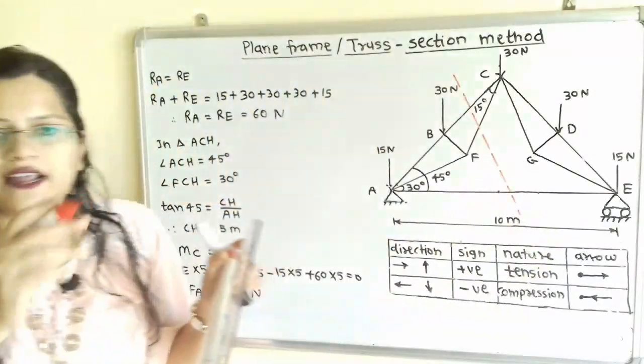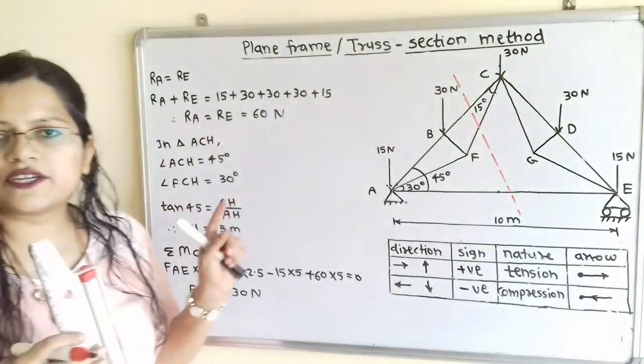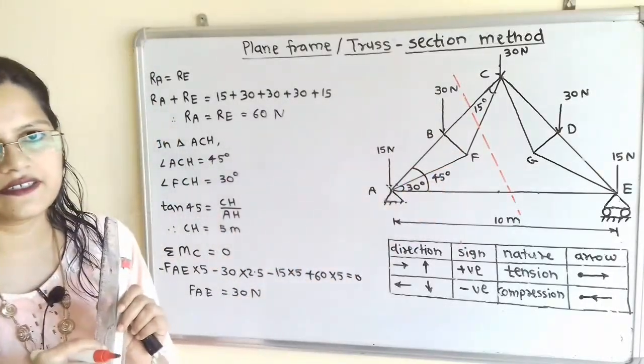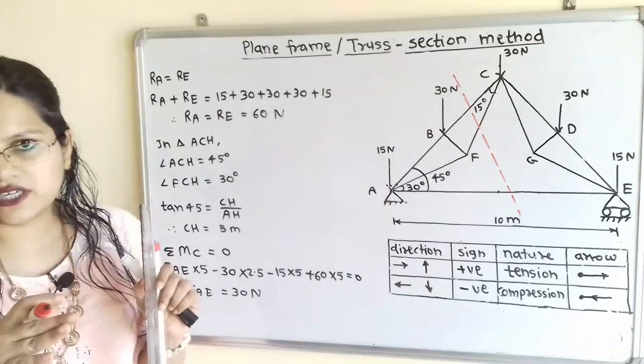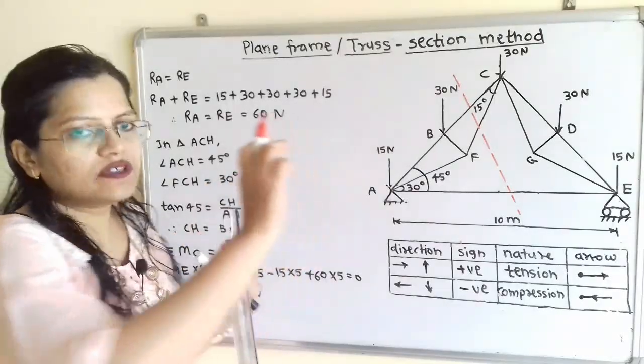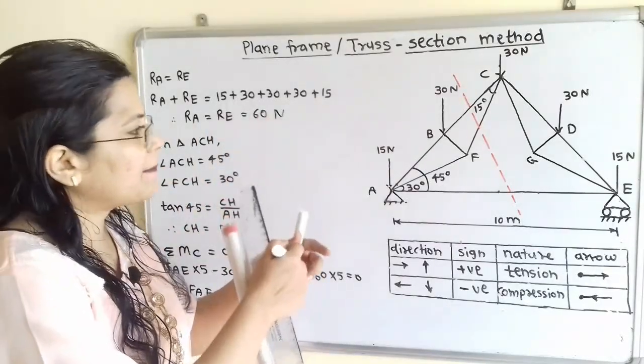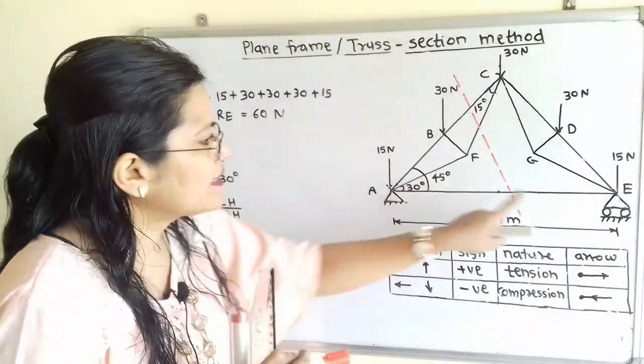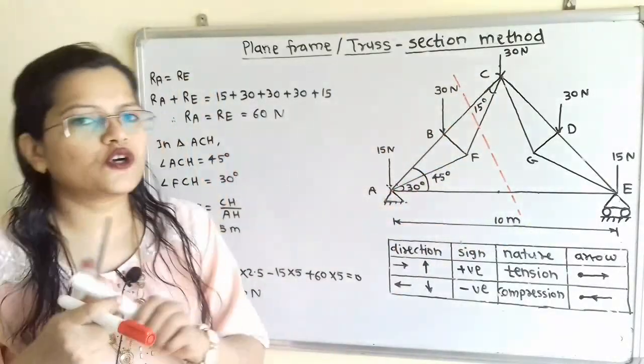then the entire truss is separated into 2 parts, left hand side as well as right hand side. So by using the section method, we can find out the unknown force in the members BC, FC, AE. So we will show the direction.